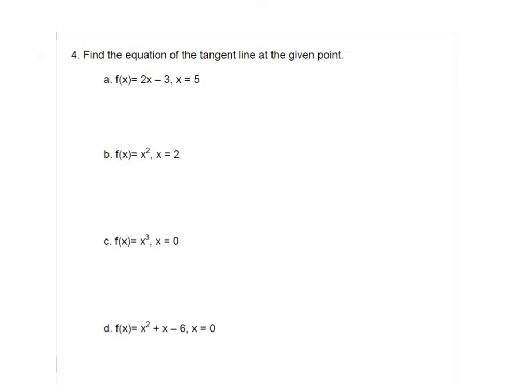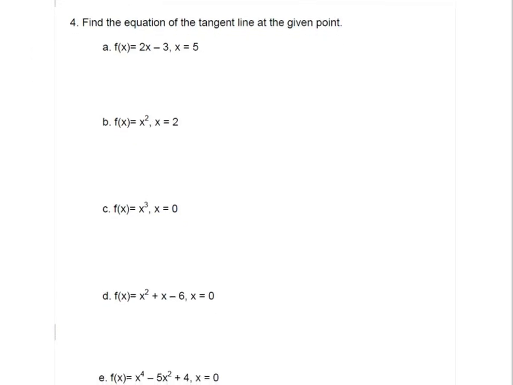All right, find the equation of the tangent line. So let me start. I need an x, and then we need the y. And we're going to get the y by plugging in the x here. So 2 times 5 is 10, minus 3 is 7. We're going to get our slope from the derivative.